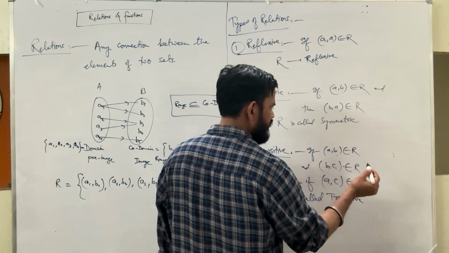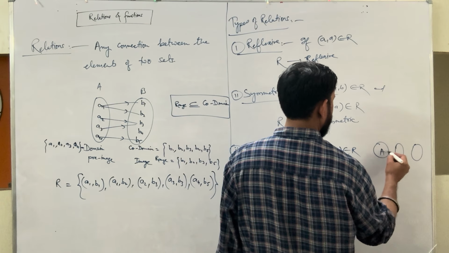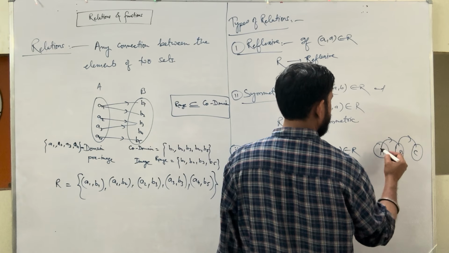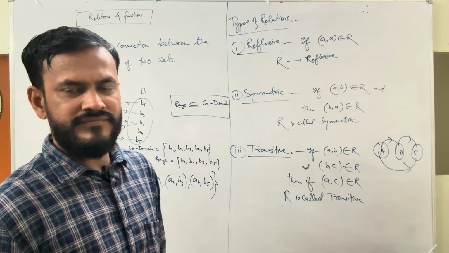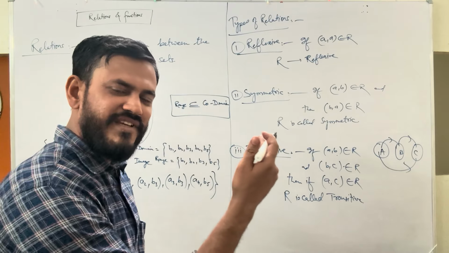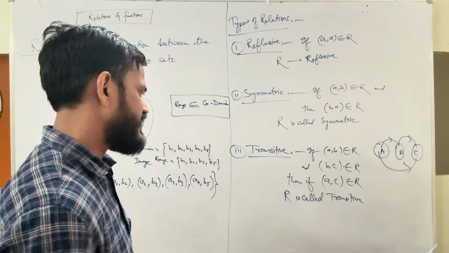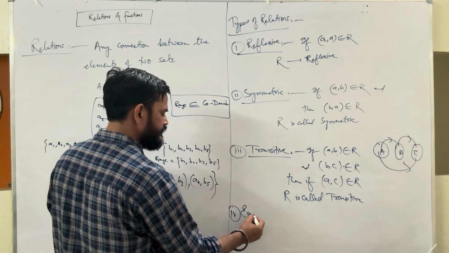So in transitiveness, suppose A set, B set and C set are there. A is connected to B, B is connected to C. Then if A is also connected to C, then it is transitive. A is related to B, B is related to C, and A is also related to C, then it is transitive.